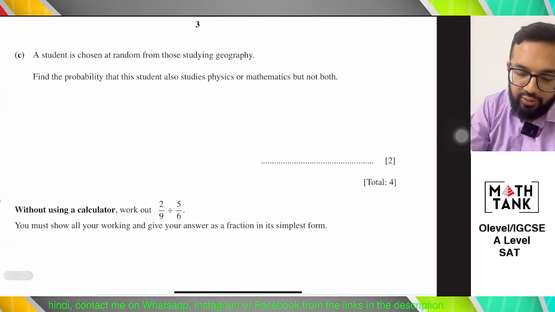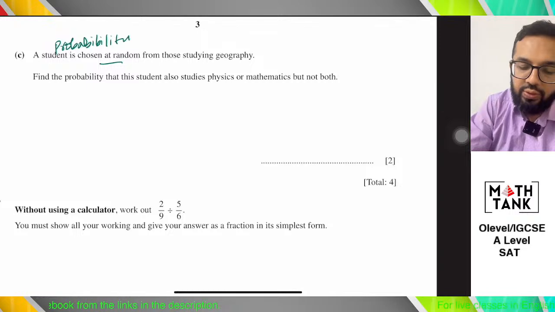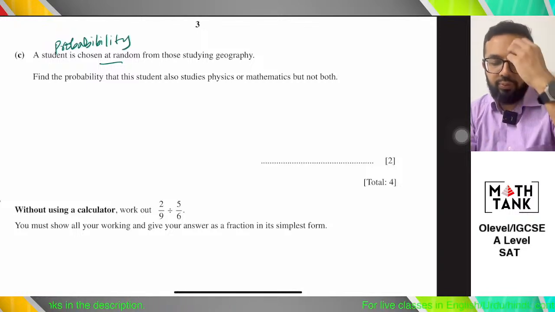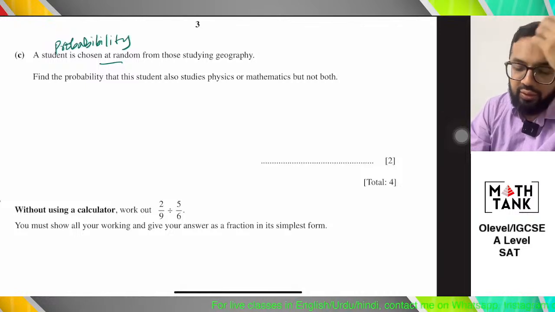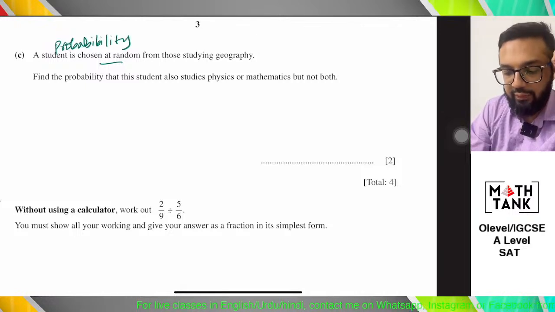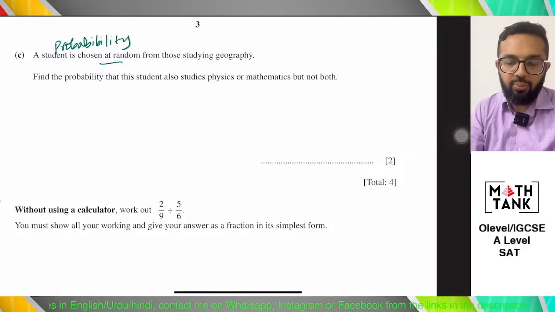And it says a student is chosen, so this is basically a probability question. That's also part of number. A student is chosen at random from those studying geography. Find the probability that the student also studies physics or mathematics, but not both.